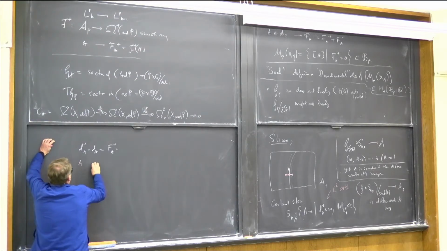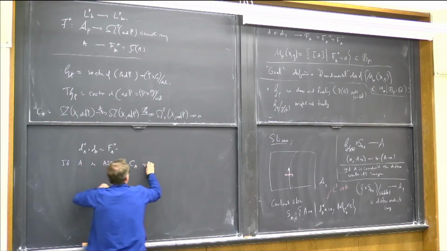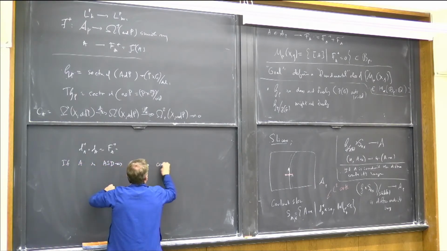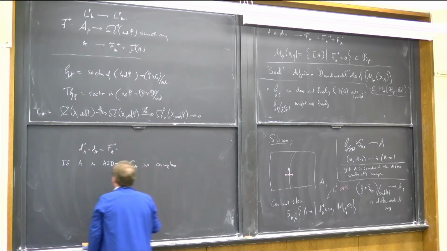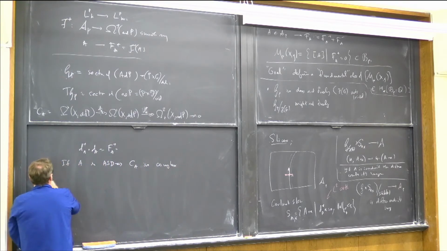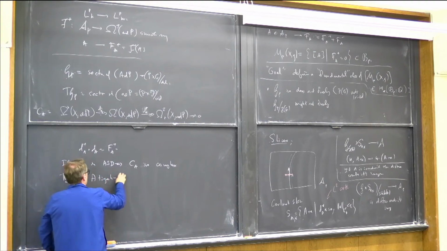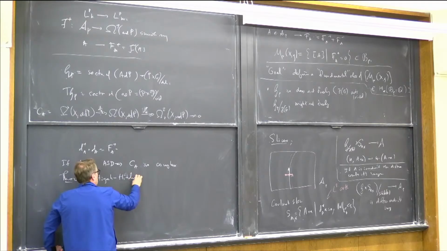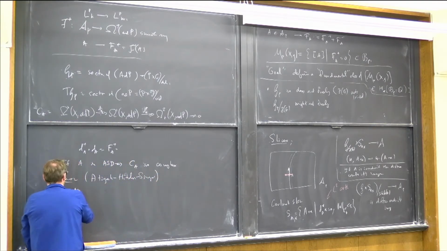If A is anti-self-dual, then that implies C_A is a complex. D squared is 0. And the theorem, which is basically due to Atiyah-Hitchin-Singer, is that this is an elliptic complex.